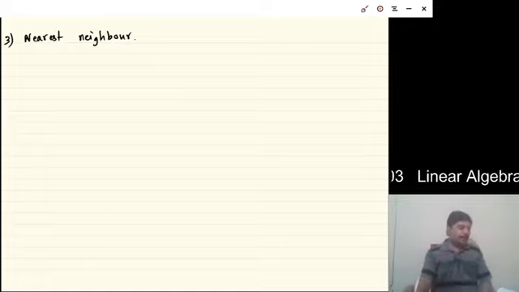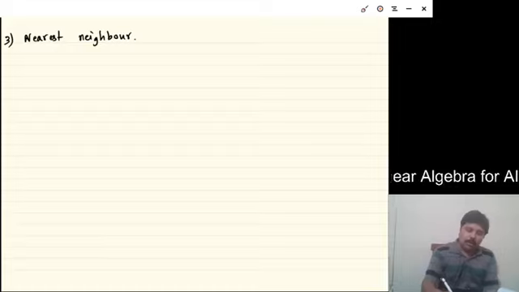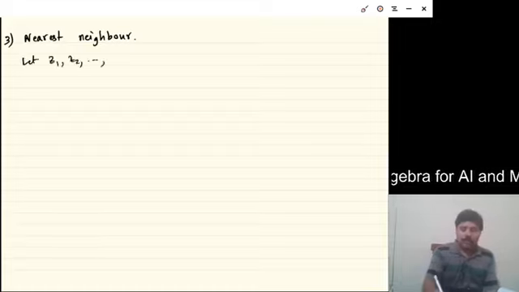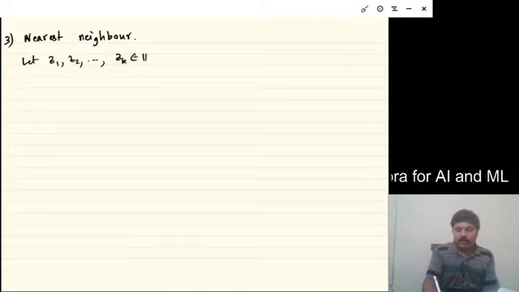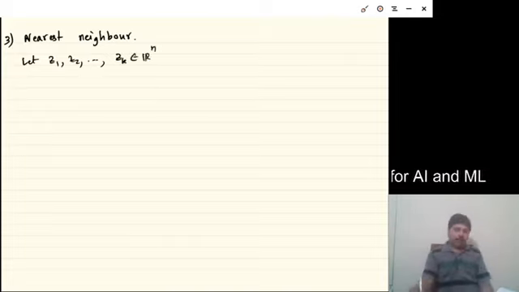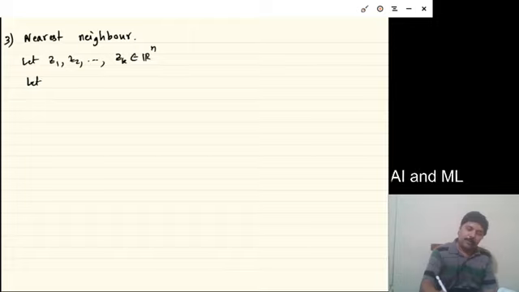The next example that I want to look at is that of the nearest neighbor. Let z1, z2 up to zk be k vectors in Rn, and let there be another fixed vector x in Rn.